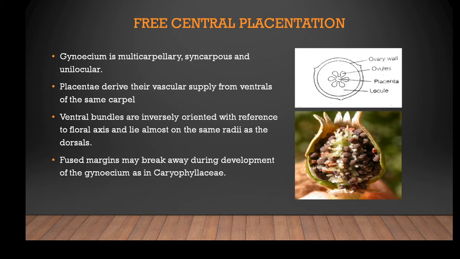Here you can see the caryophyllaceous fruit. The fused margins may break away during development, or they are separate from the very beginning as in Primulaceae. Here you can see the multicarpellary, syncarpous, unilocular ovary. The locule is single, with ovules and placenta in the middle.